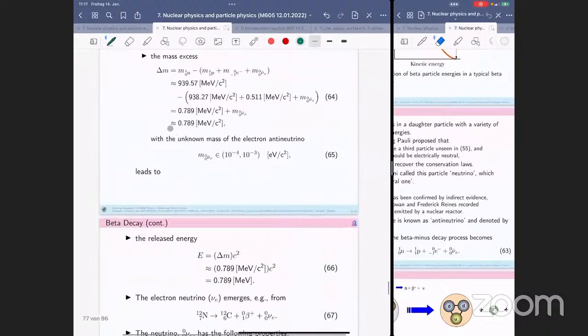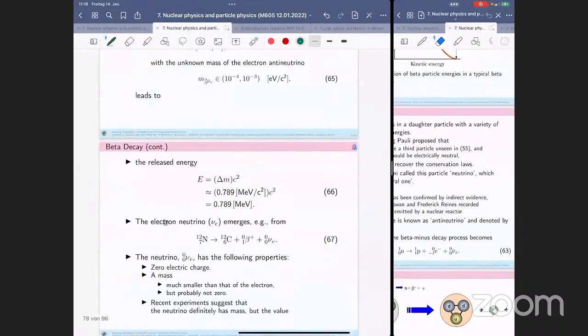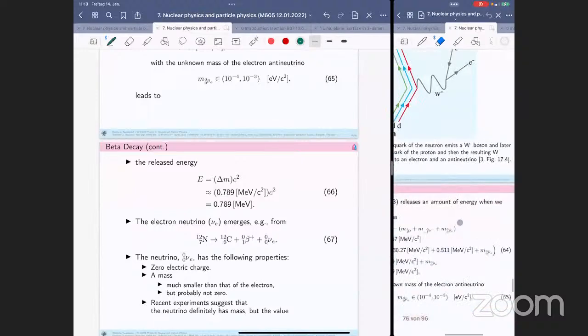We compute this one, converting 0.789 using the Einstein relation times 931. Oh no, it's not multiplication, we just multiply it by c squared, and you get 0.789 mega electron volt. That is the electron neutrino. Now let's get back to the beta plus process. The electron neutrino, denoted by nu e, comes from the opposite process to the example.